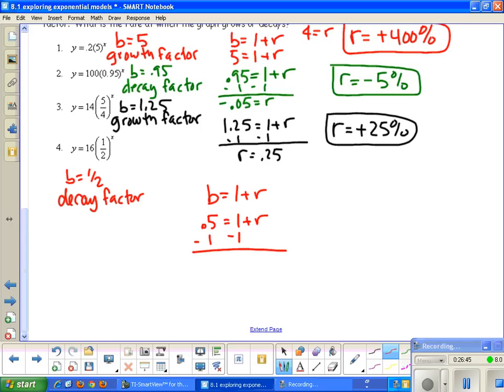Subtract the 1, and notice you get negative 0.50, equals your r. So the rate at which we're decaying is negative 50%, which makes sense because if our decay factor is 1/2, that means our rate should be decreasing by 50%.